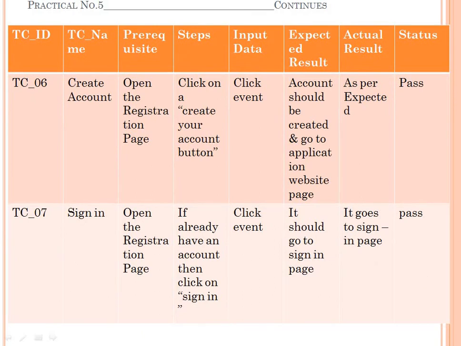Then the sixth test case is create account. The prerequisite is to open the registration page, and the step is to click on the create your account button. The input data is that a click event occurs. The expected result is that the account should be created and we go to the application website page.